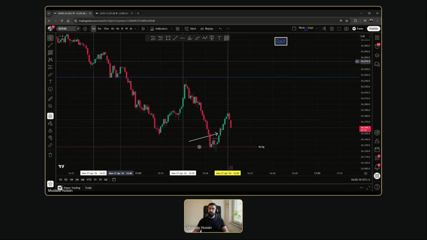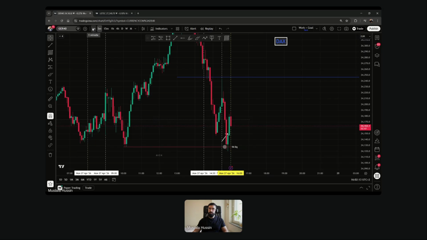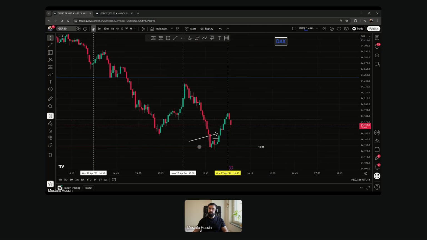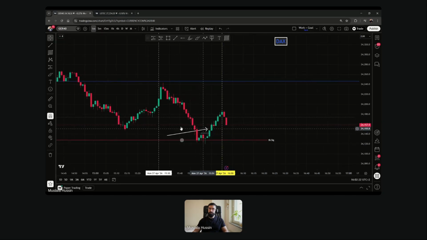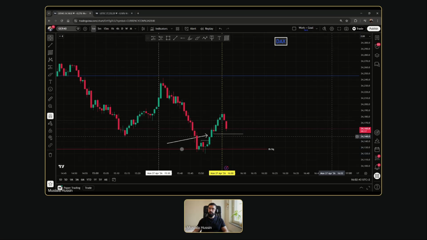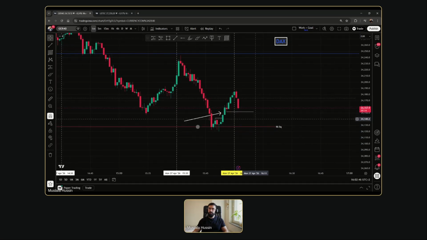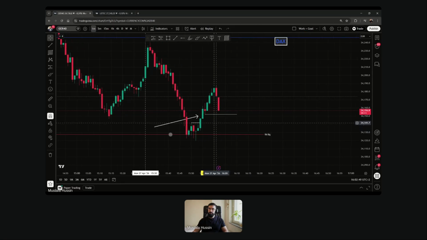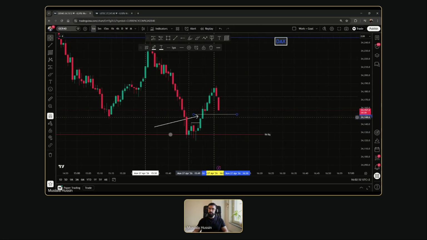So it's reacting to the downside. I'm putting a line here to see that it crosses this area, because after this area, it's the fair value gap area right there.